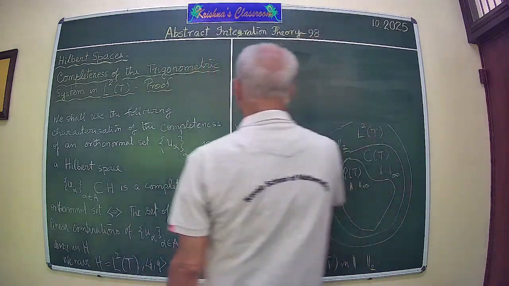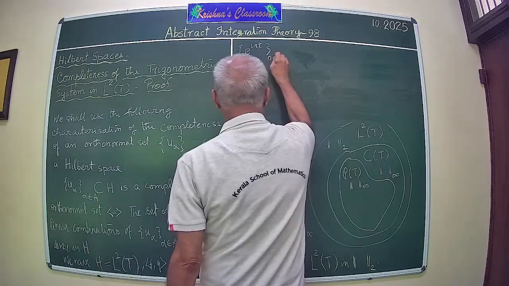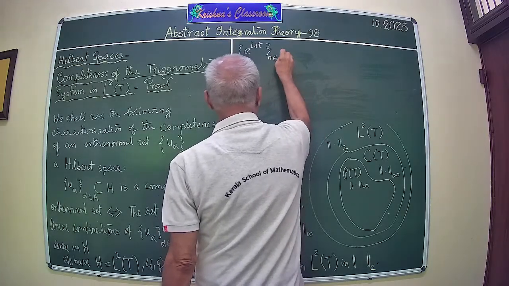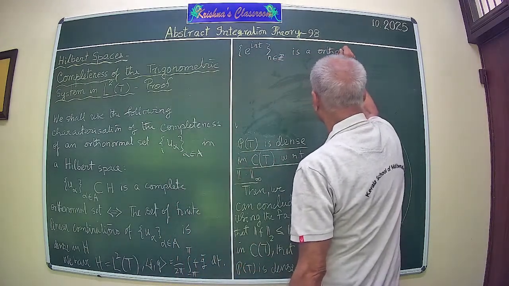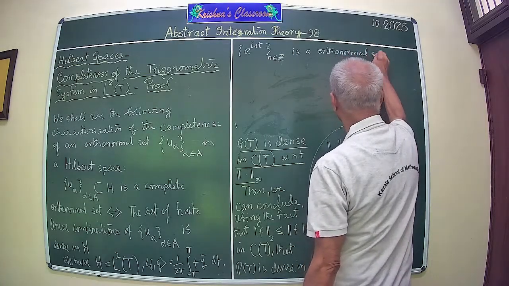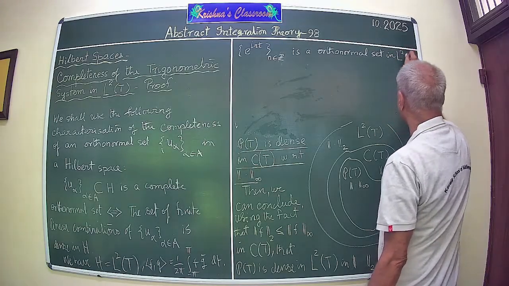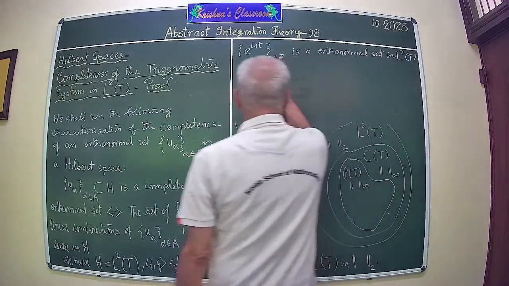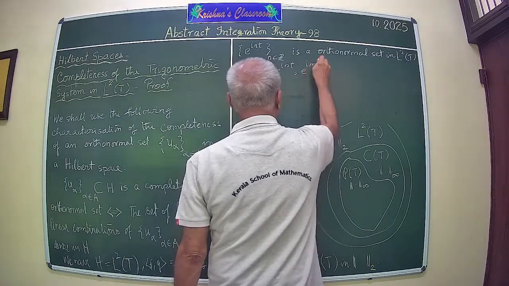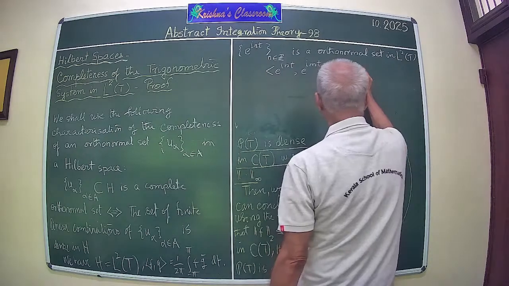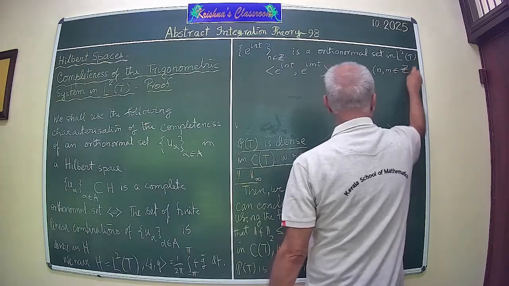Now, e to the power int is an orthonormal set in it.